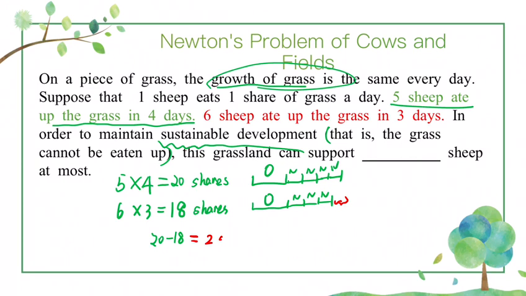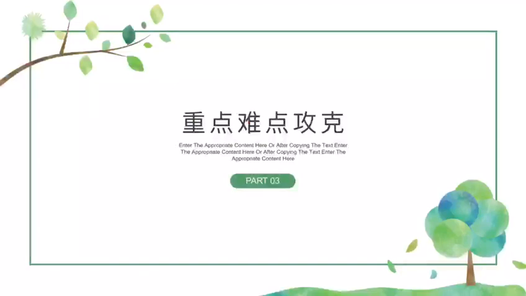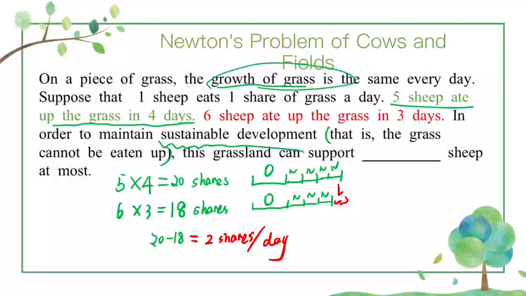Okay, actually it's 2 shears. And this 2 shears actually is for 1 day, right? It's for 1 day. So our growth rate actually is 2 shears per day. This is our growth rate.